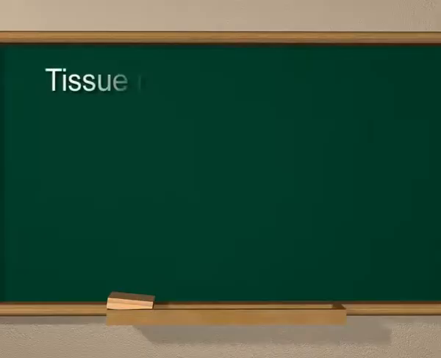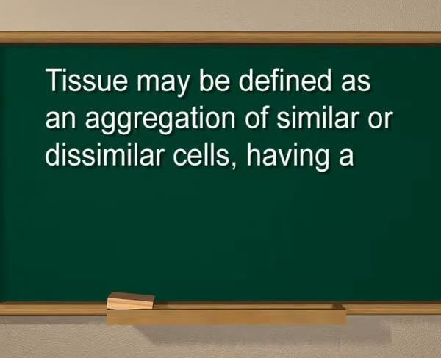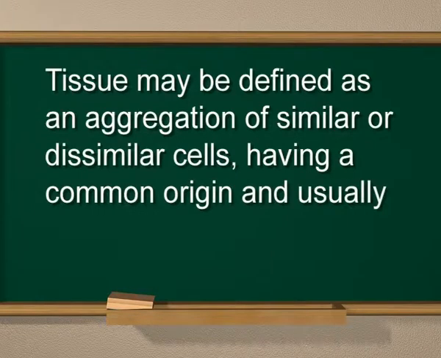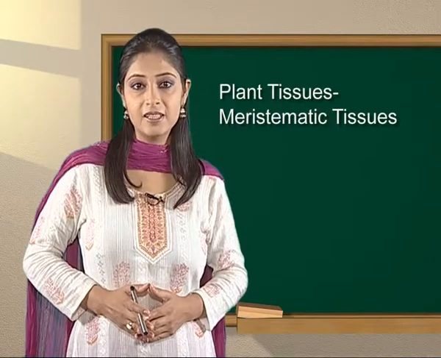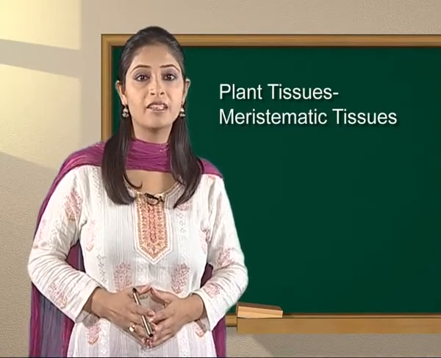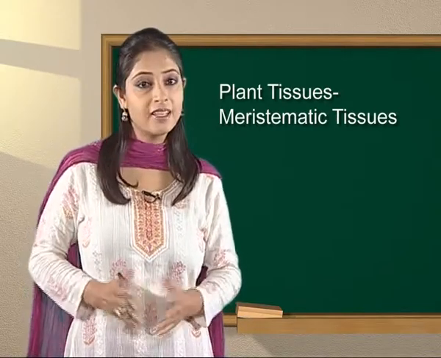Hence, tissue may be defined as an aggregation of similar or dissimilar cells having a common origin and usually performing a common function. In animals, organs are formed by the functional grouping of multiple tissues. The study of tissues is known as histology.